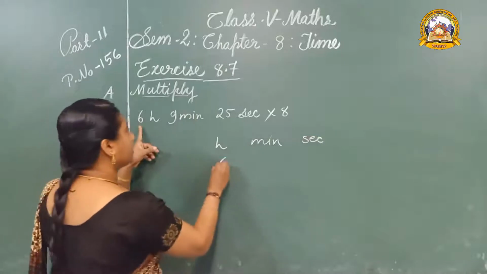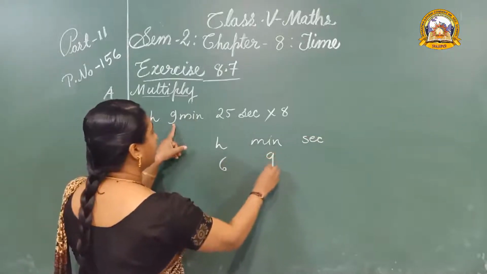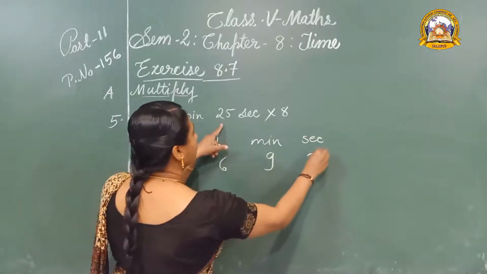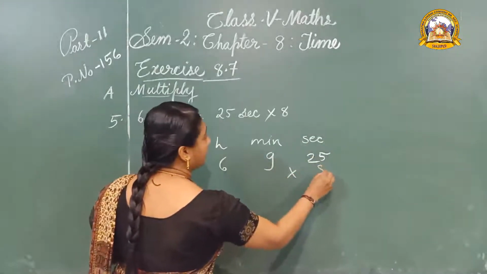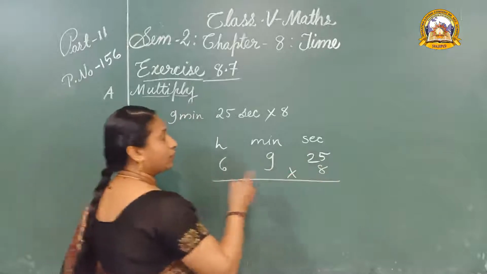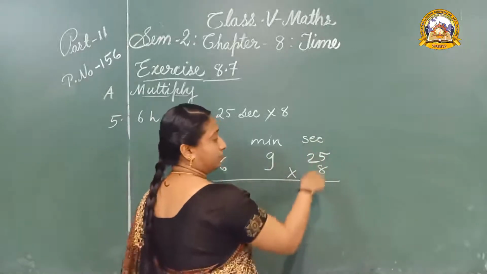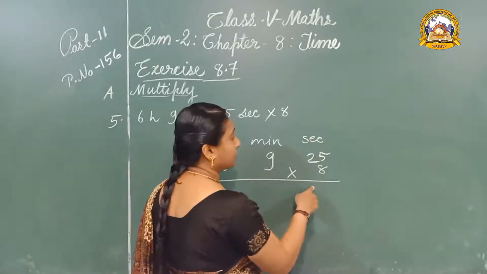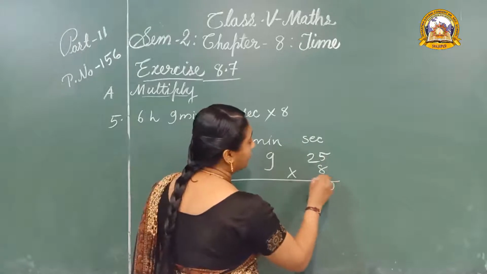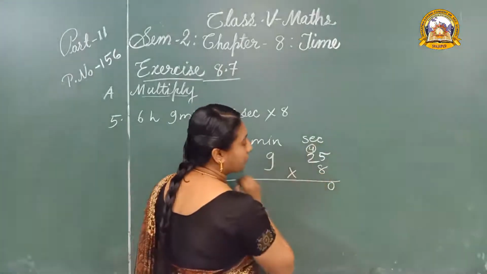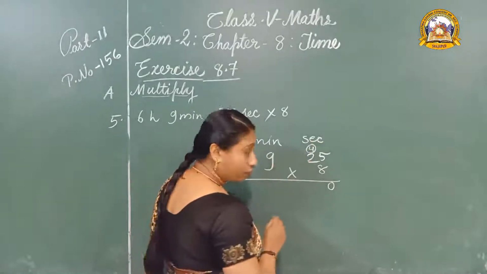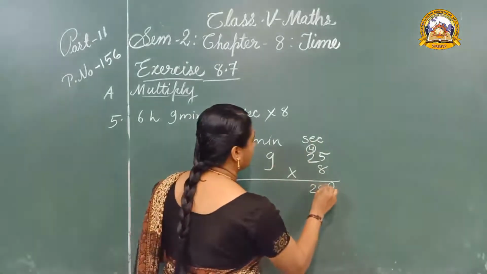Here, 6 hours, 9 minutes and 25 seconds, multiply by 8. Okay. First let us multiply the seconds. 5 8s are 40. Write the 0 and carry the 4 to the next place. 8 2s are 16. 16 plus 4, 20. 200.